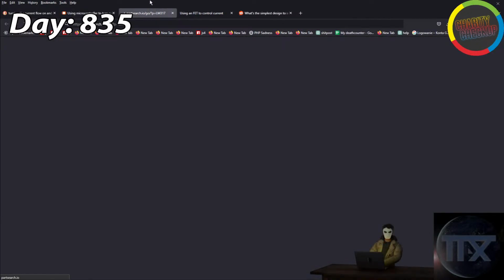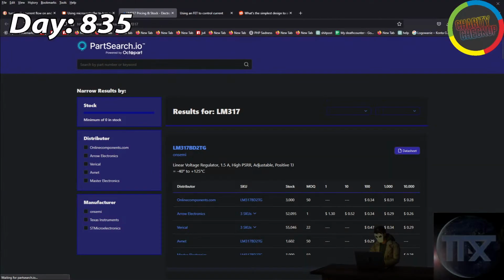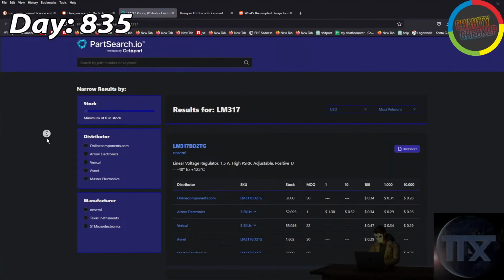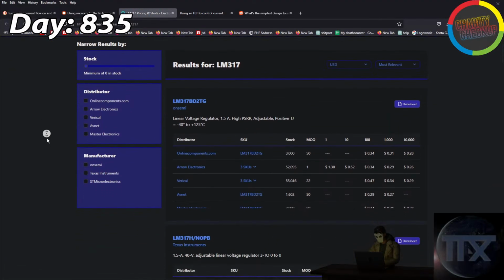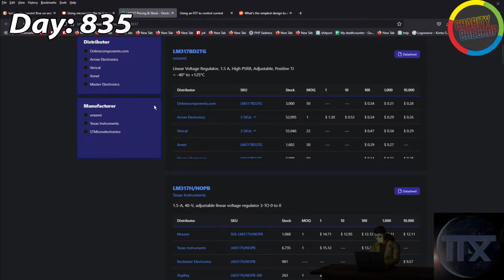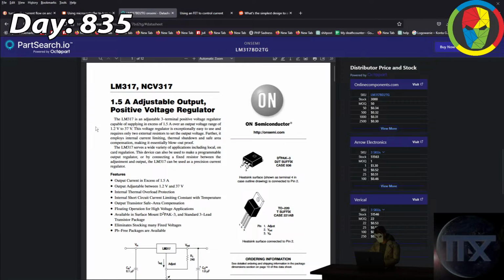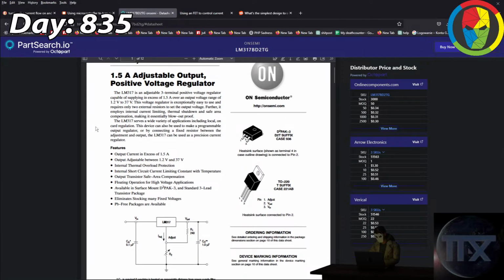This is a voltage regulator. I could buy 50 of those actually. That's a pretty reasonable price.